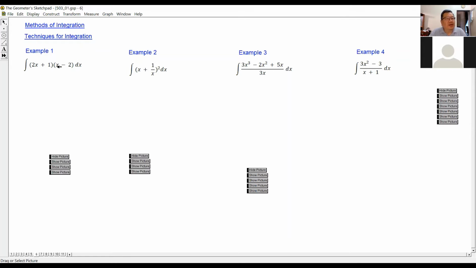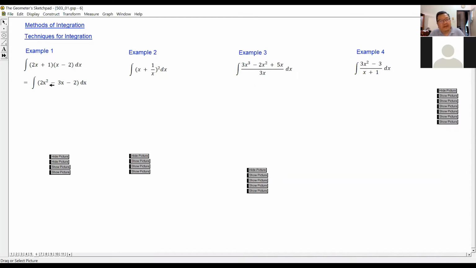Okay, so let's take the first example where we have two brackets. So the first thing you need to do is to expand the bracket. To expand the bracket, you have to multiply out all this. So when you multiply out all these terms, 2x squared, then this one is 3x, then minus 2.